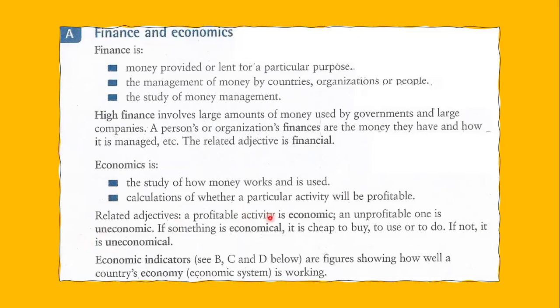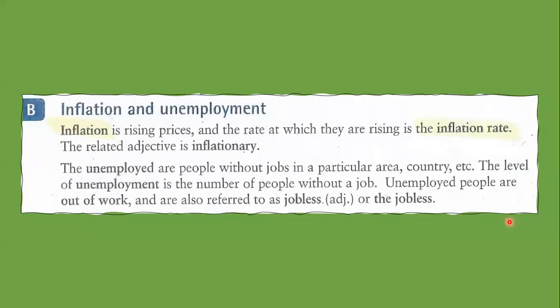That's the difference between economic and economical. When something is cheap, it is economical. Okay, so reading this, we already know the difference between finance and economics, and that's very important to understand because of what we're going to continue working on today.